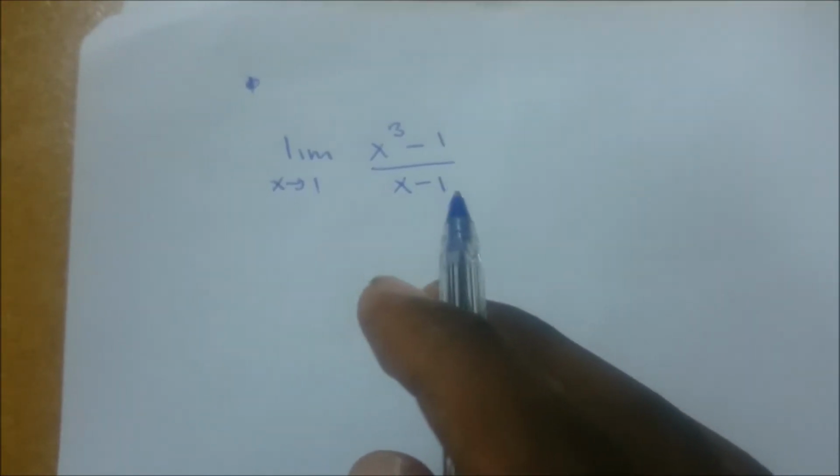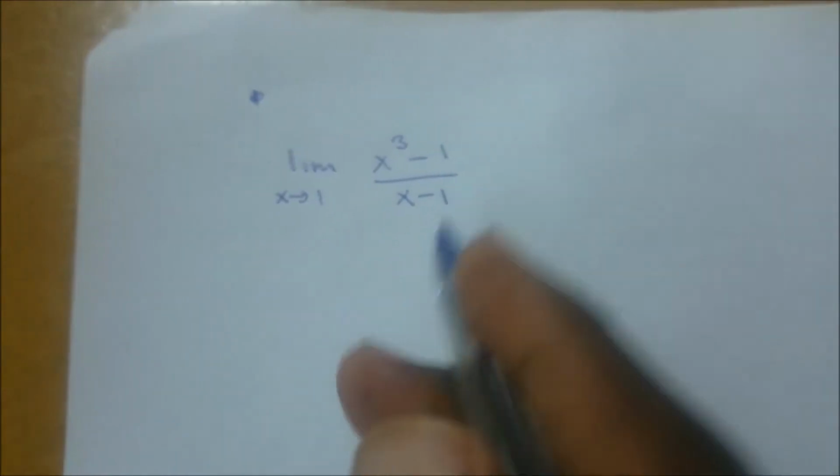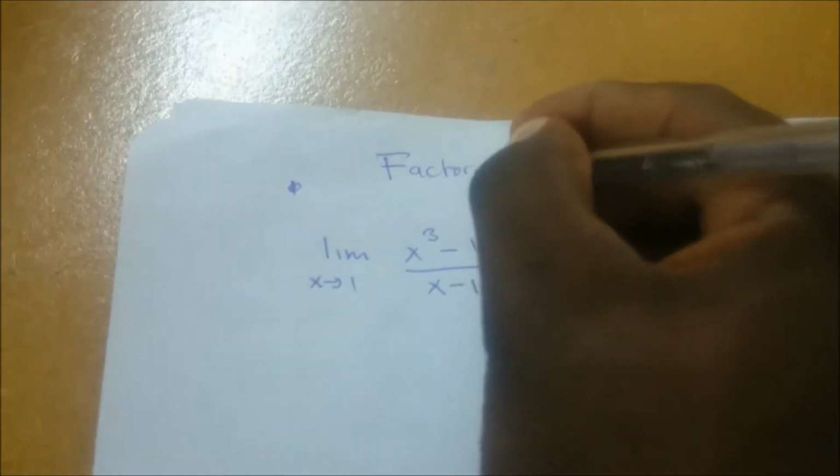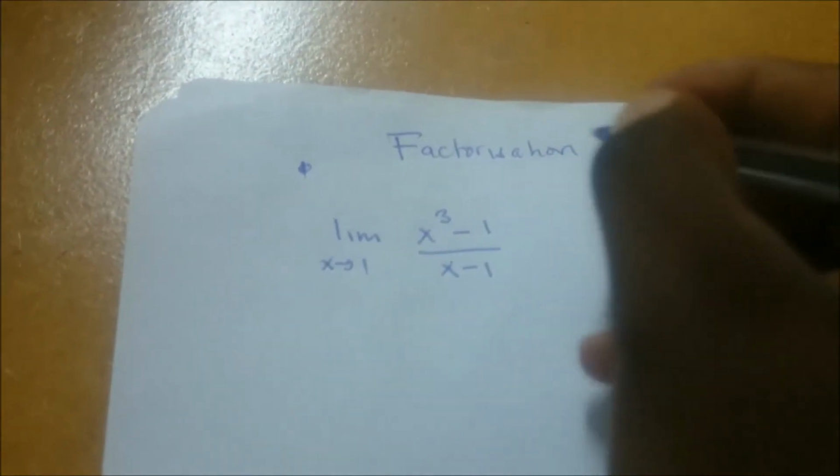So what we do is we try other ways. The only thing that can work here is the second method, which is factorization. So this one is for the factorization method.